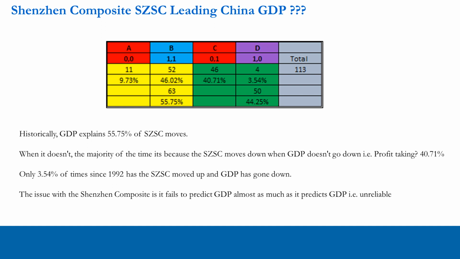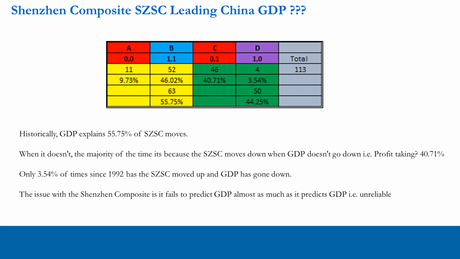So GDP is reported up and the index is reported down. That happens 40.71% of times. And then in the situation where the index moves up and GDP has gone down, this is in the vast minority of cases, only 3.54% of times since our data set began, which is 1992.